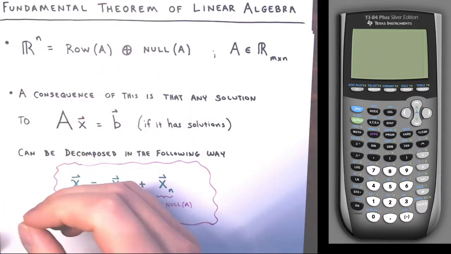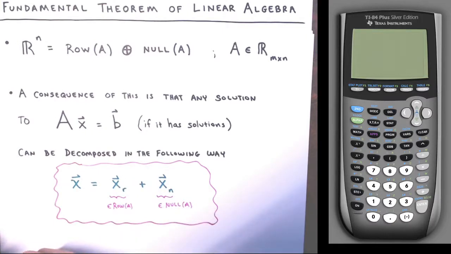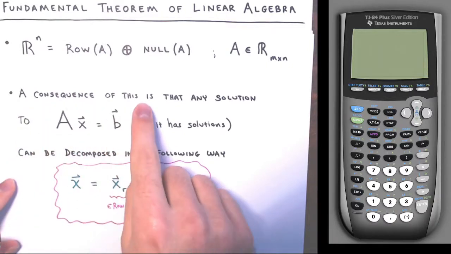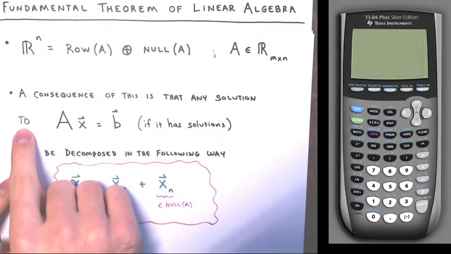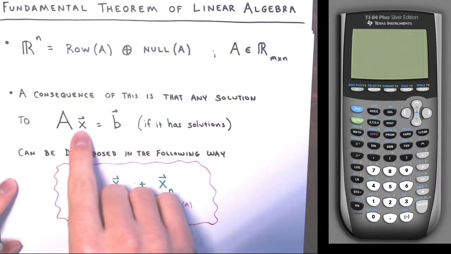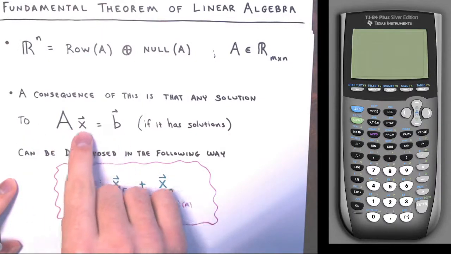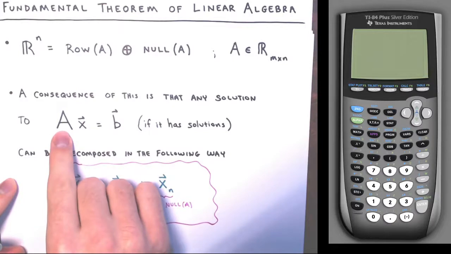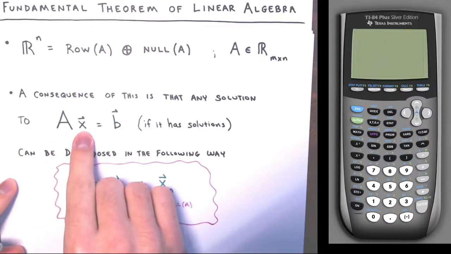Well, if I can take any vector from R^n and express it as a sum of a vector from the row space plus a vector from the null space of a matrix, that leads me to the following statement. A consequence of this is that any solution to a system of equations, now this is written as a matrix equation here, so some m by n matrix A times some n by 1 vector x.